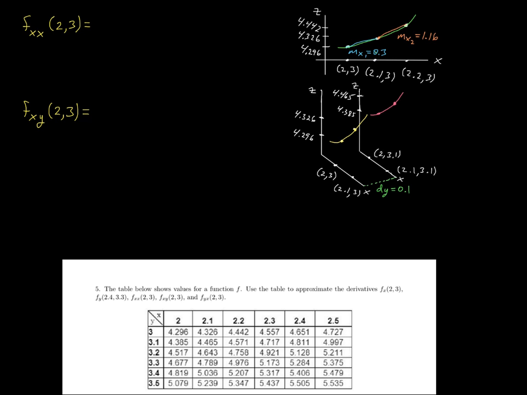Okay, and so then what are we going to do? Well, we want to know how this thing changes as we move from this slope to this slope. So here's what we're going to look at. We've got 1.16 minus that initial slope, which is 0.3.